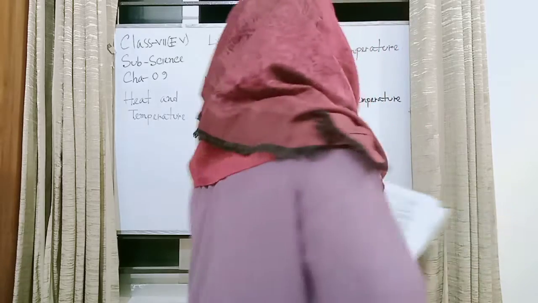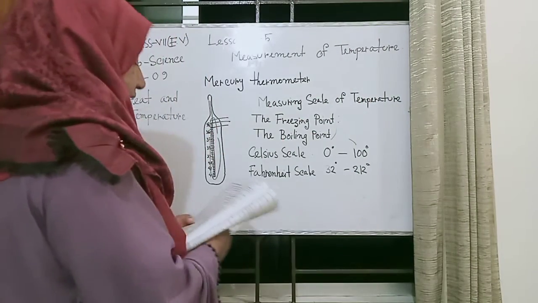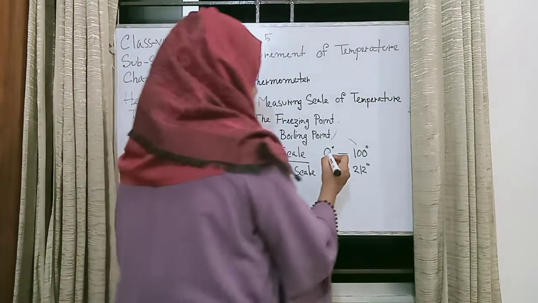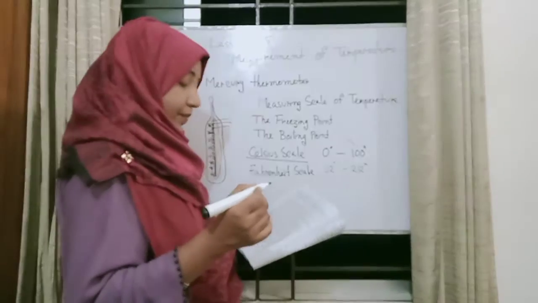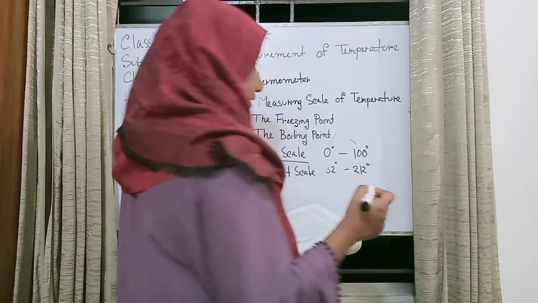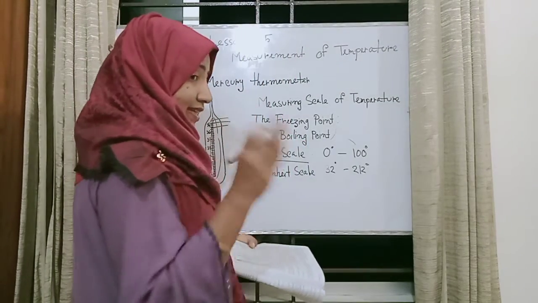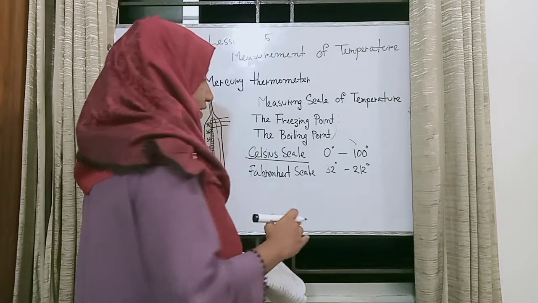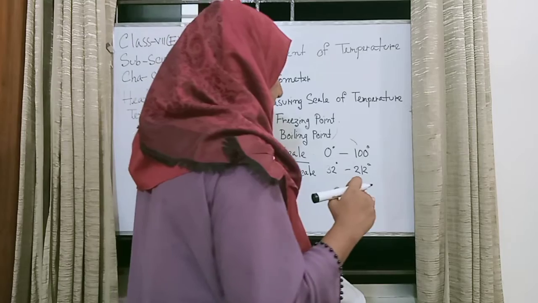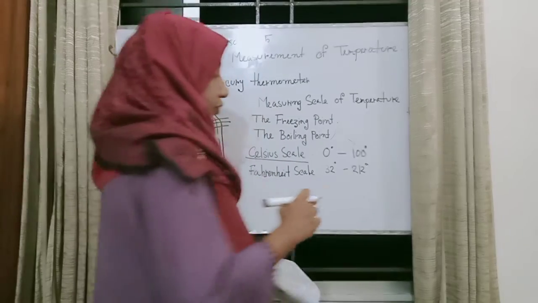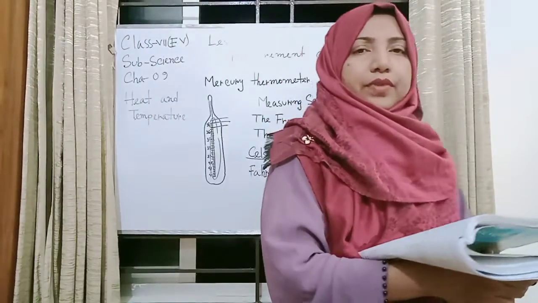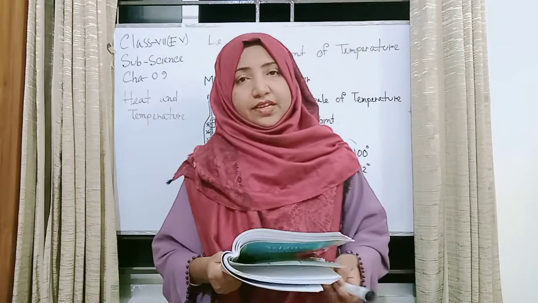On the Celsius scale, it is 0 degrees to 100 degrees: 0 degrees is the freezing point and 100 degrees is the boiling point. The other is the Fahrenheit scale, where 32 degrees is the freezing point and 212 degrees is the boiling point. Now, I have explained the Celsius scale.